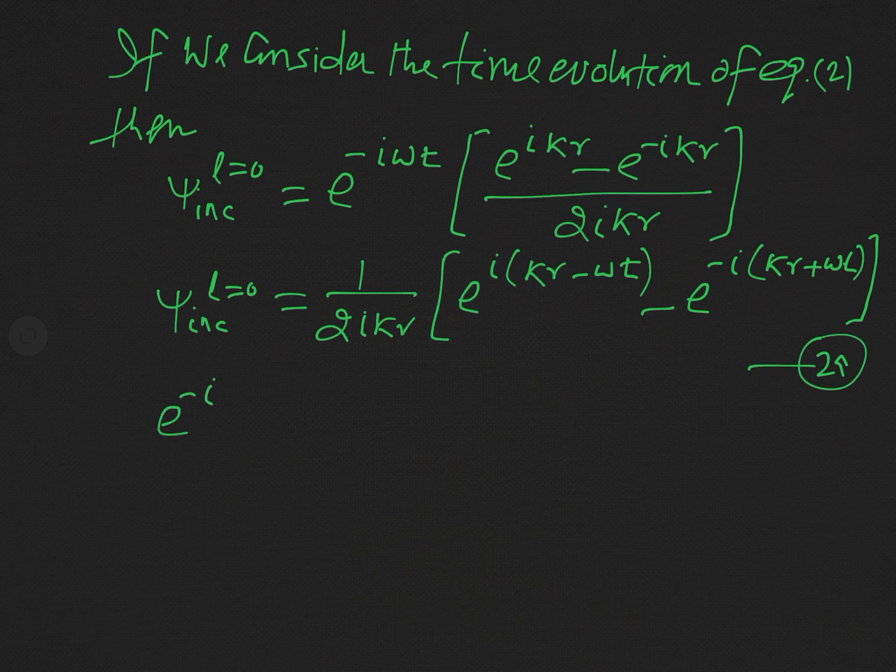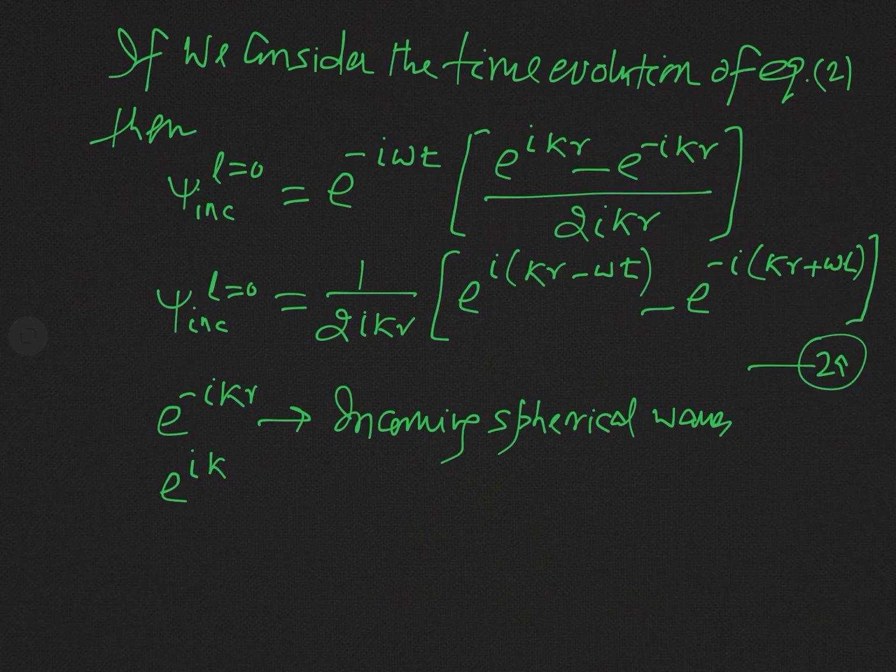In fact, in this equation, the term e to the power minus ikr actually represents an incoming spherical wave, and the factor e to the power ikr represents the outgoing spherical wave.